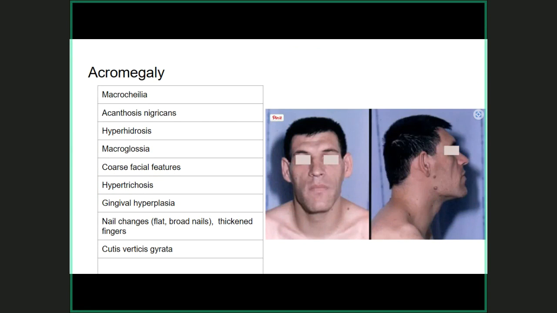Even with all these other known manifestations, the average time from onset of symptoms to diagnosis for acromegaly is actually 10 years. So if we could just pick up earlier on some of these signs, it would be extremely helpful for the patient for their future morbidity and sometimes mortality.